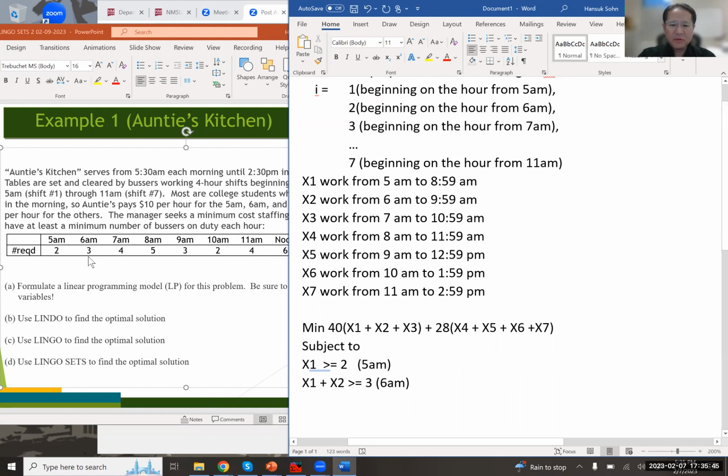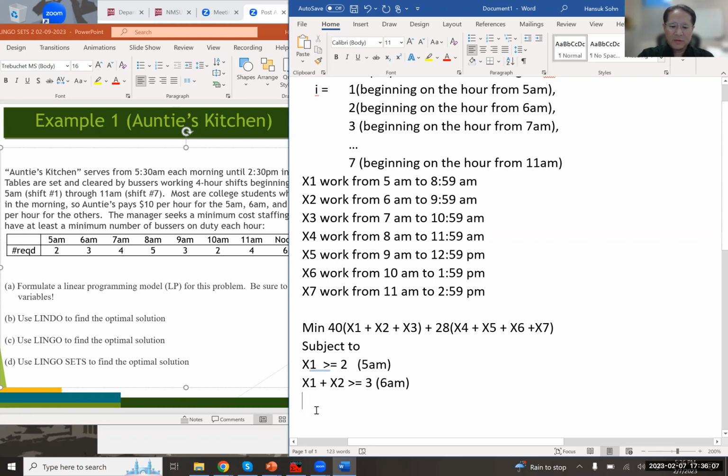For 7 a.m., who's working? X1, X2, X3, because X1 should work from 5 to 8:59, X2 from 6 to 9:59, and X3 starts from 7 until 10:59.